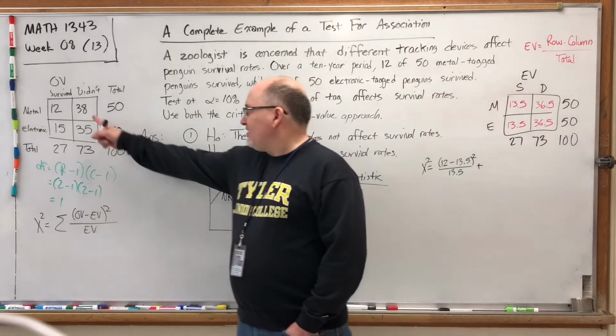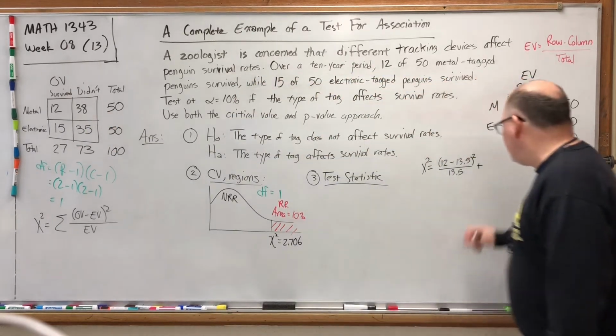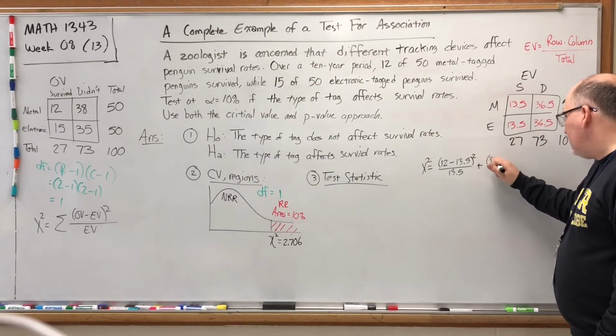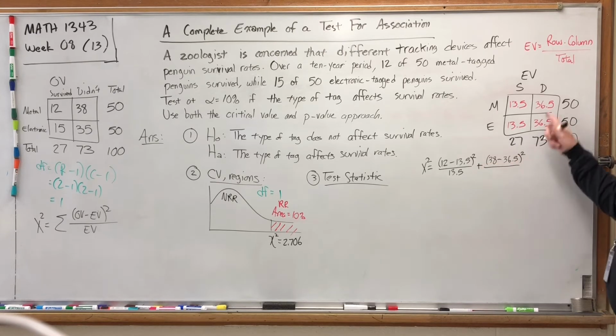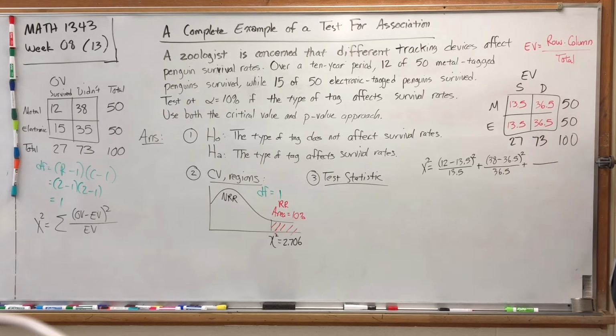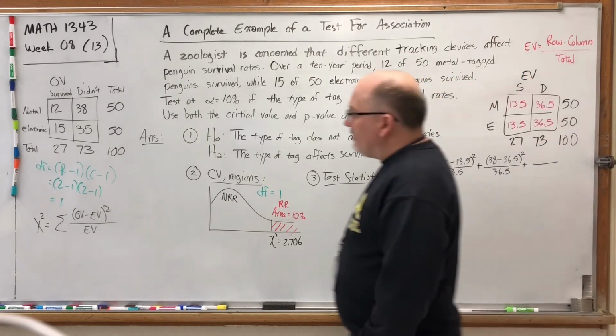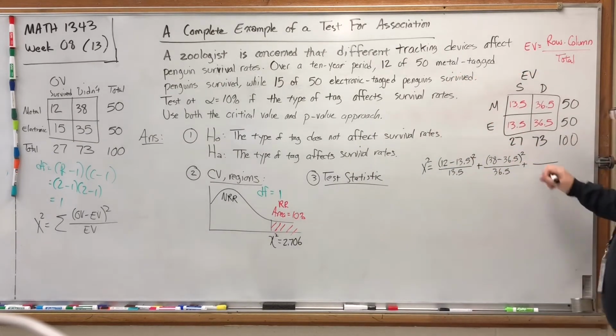Plus, next cell, didn't survive metal tag. What we observed was 38. What we expected was 36.5. That difference is squared and gets compared to what we expected, 36.5. Plus, I always do this. Run out of room. Next cell. What we observed was 15. What we expected was 13.5.